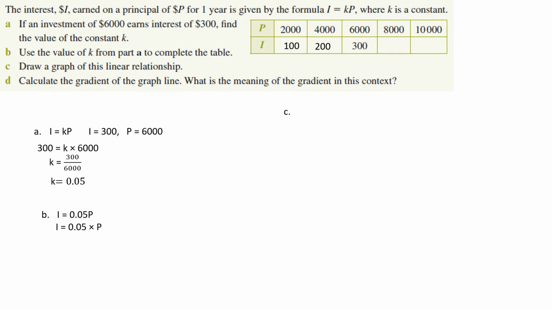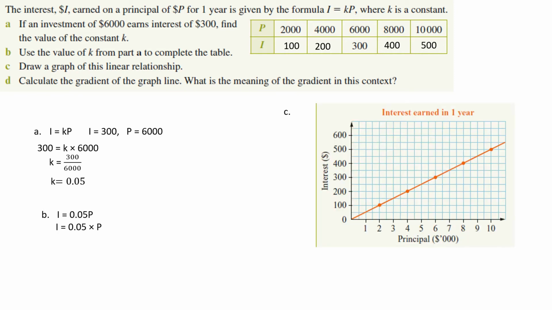So I equals 0.05 times 8,000 equals 400. And for 10,000, I equals 0.05 times 10,000 equals 500. Now that we've completed the table, Part C asks us to draw a graph of this linear relationship.